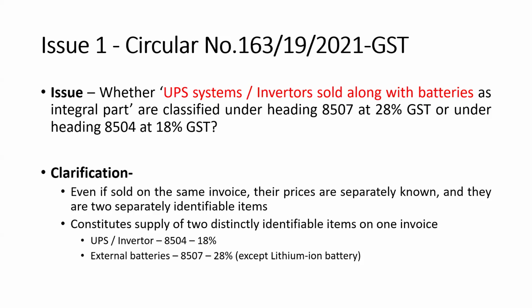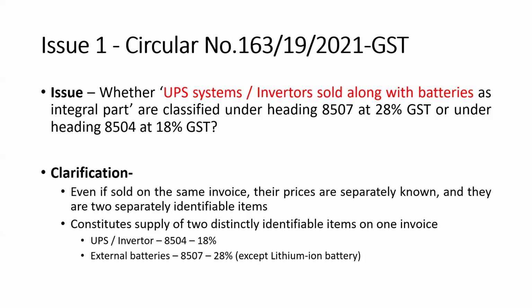The first issue is with respect to whether a UPS system or an inverter, which is generally sold along with a battery, in normal trade parlance, what we call a UPS is a UPS plus a battery attached along with it, has to be classified as a composite supply, or under what HSN it falls.